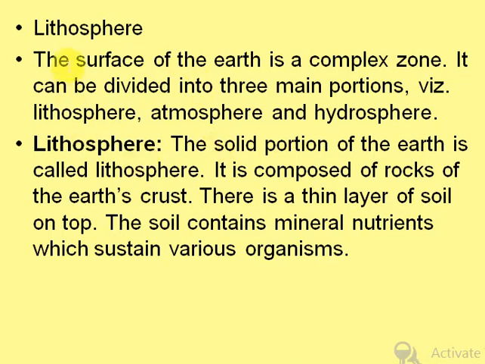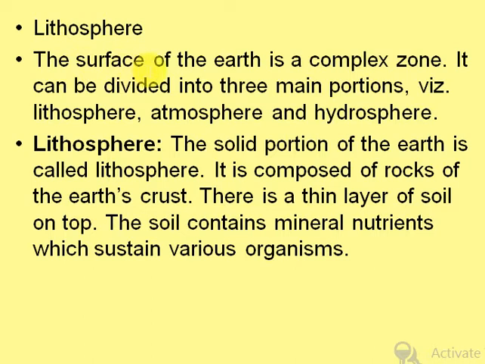In this module, we will only discuss about the lithosphere. So, lithosphere is a solid portion of the earth. It comprises the rocks of the earth crust and thin layers of soil that contain nutrient elements which sustain organisms.